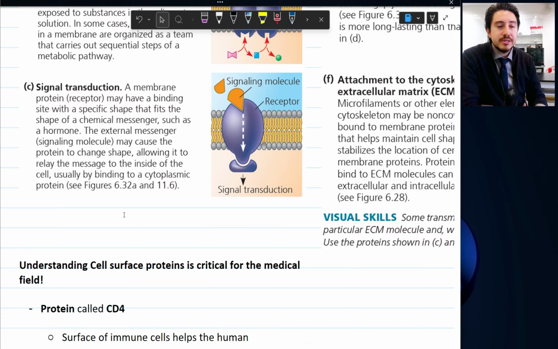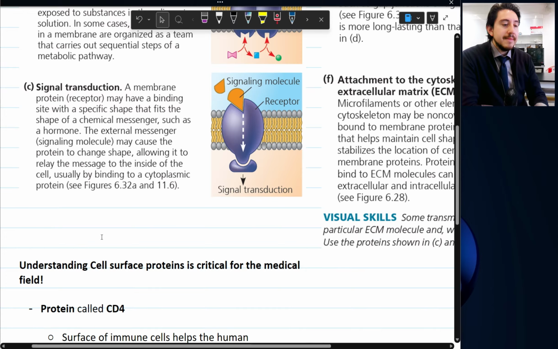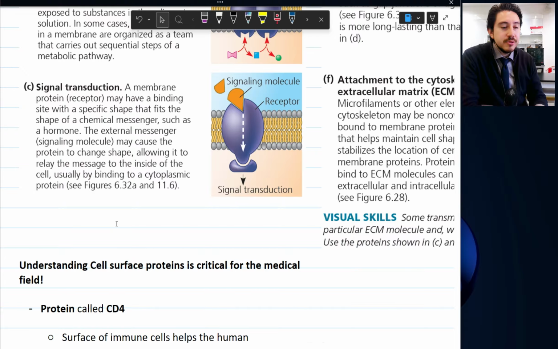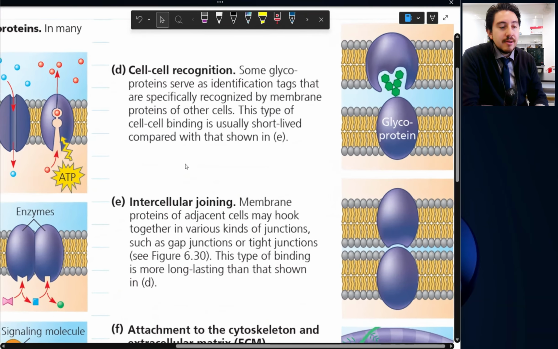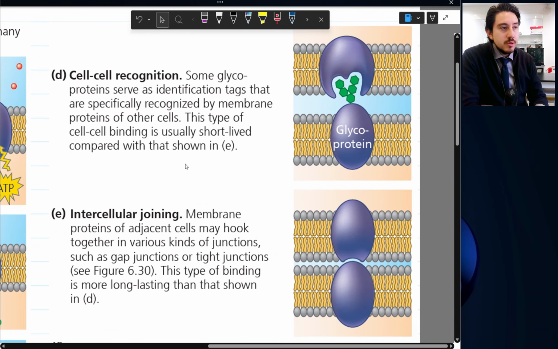So that's signal transduction. Then you have cell recognition, where some proteins have carbohydrate chains bound to them. They're referred to as glycoproteins, and these serve as identification tags that are very important to recognize who your neighbors are, right?